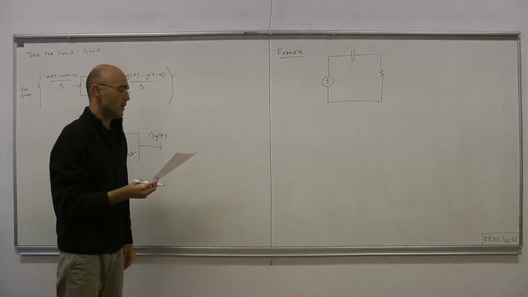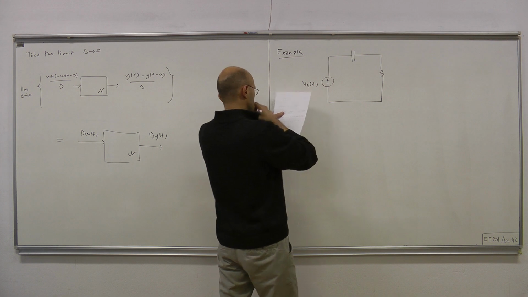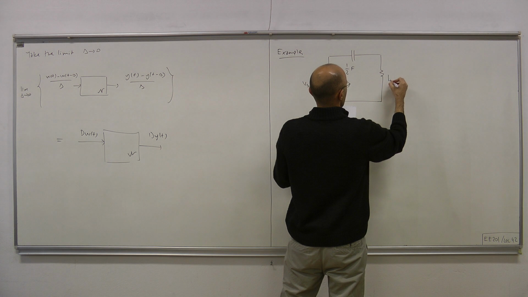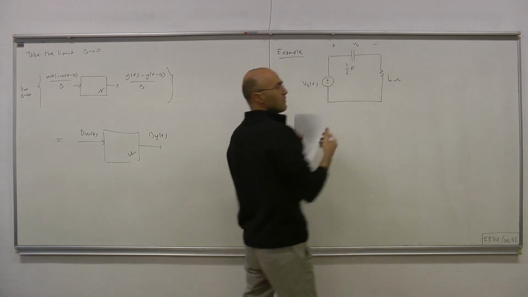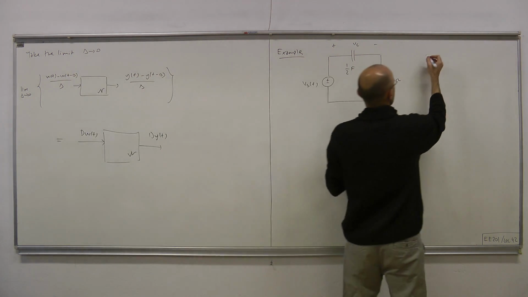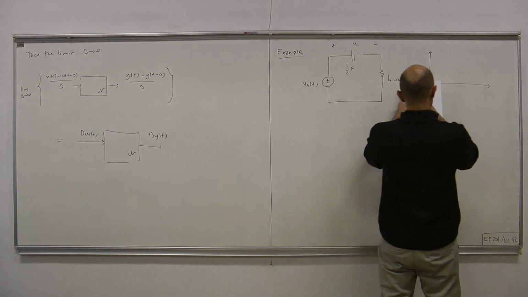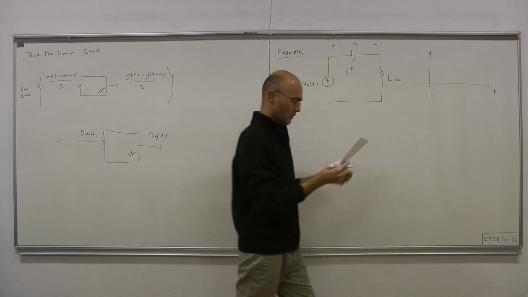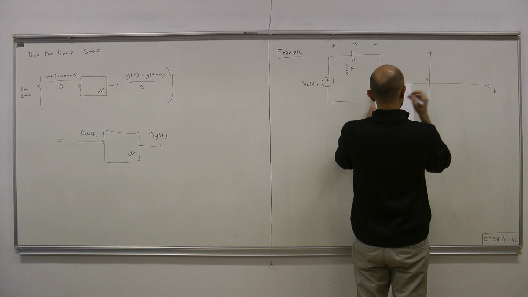Consider the RC circuit with input Vs(t), with 4 ohms and a capacitor. And Vs(t), the input to the circuit, is given as the following piecewise constant waveform.